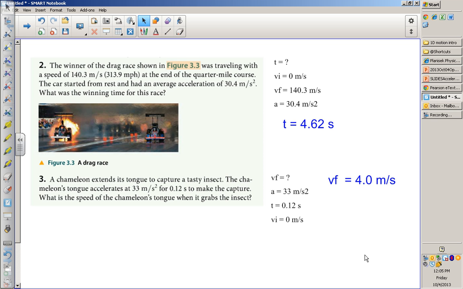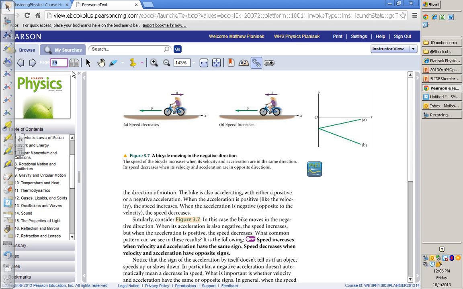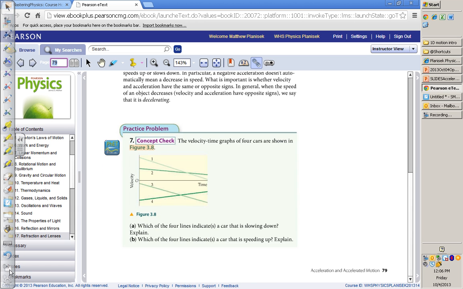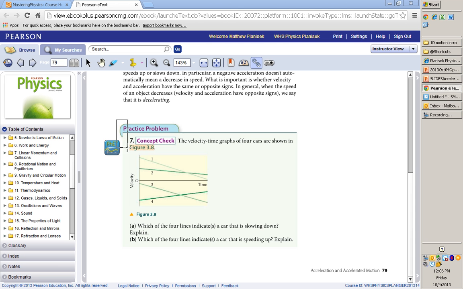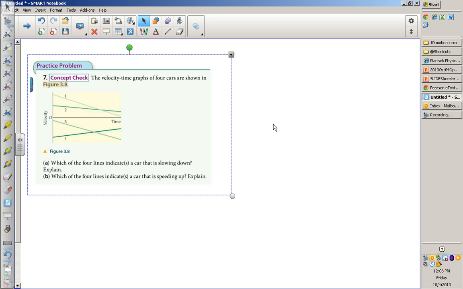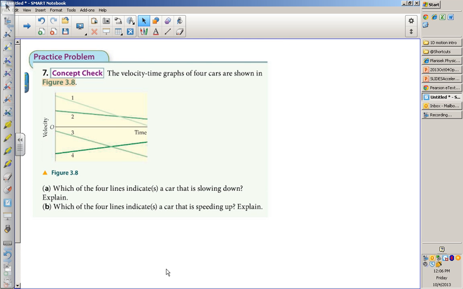Next, let's flip to page 79, please. On page 79, down at the bottom, is practice problem number 7.